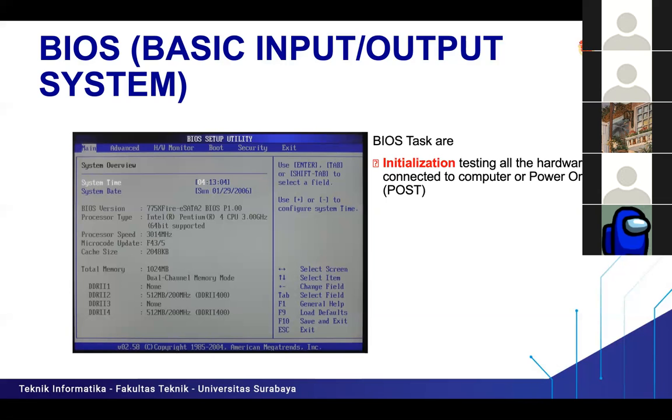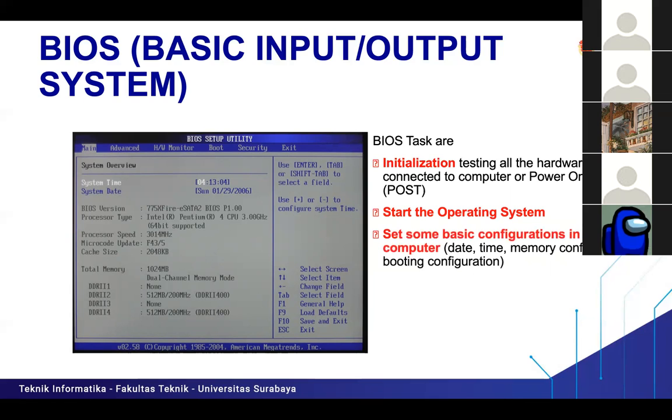The BIOS tasks are initialization, testing all the hardware connected to the computer, or power-on self-test, which checks whether the hardware on your computer is connected properly, and starting the operating system.